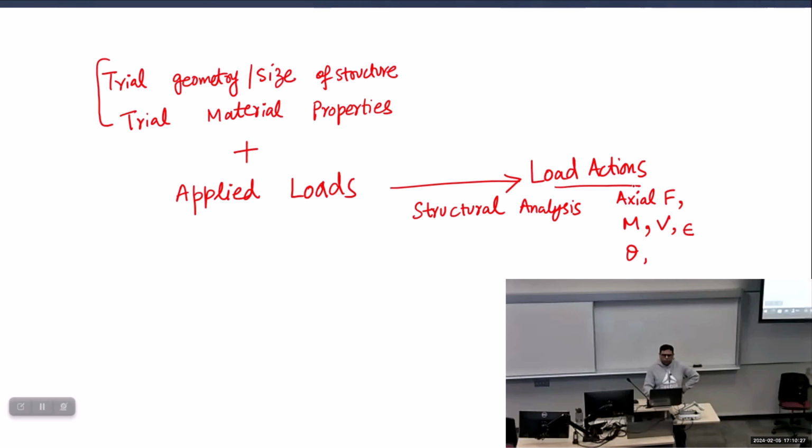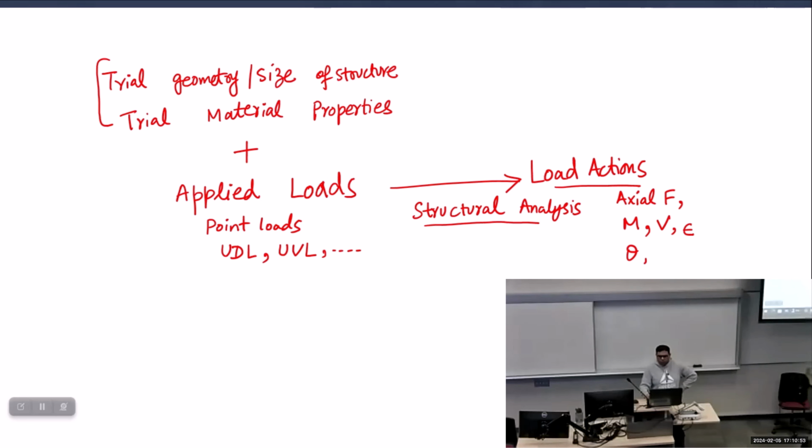Applied loads can be in the form of concentrated loads or point loads. They can be in the form of uniformly distributed load or uniformly varying load, they can be even dynamic loads also. So, there are different load types. The process of structural analysis converts those loads into what we call load actions.